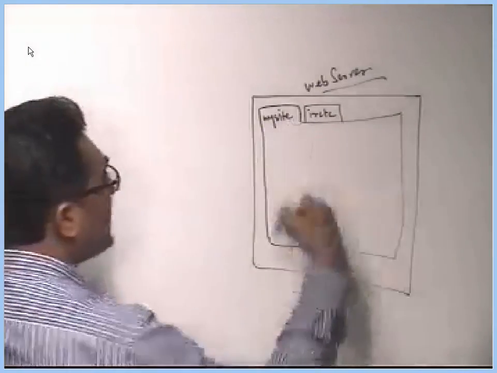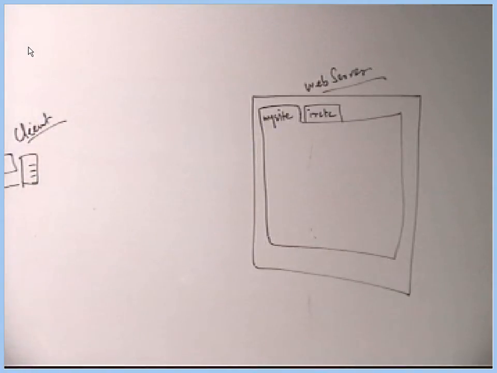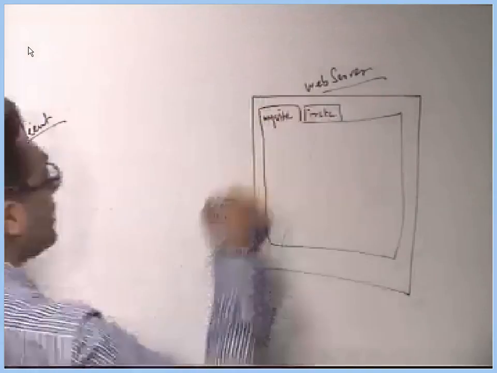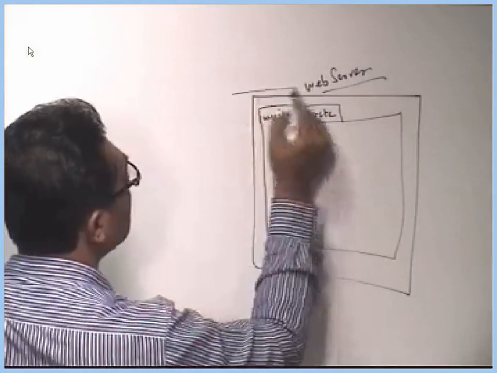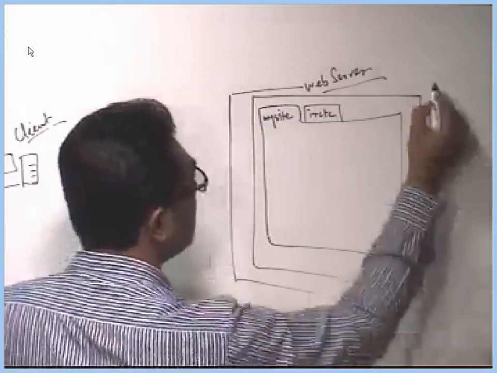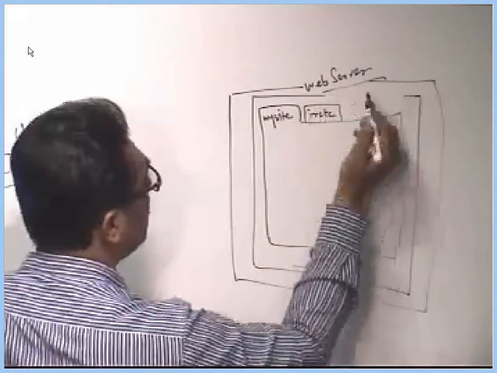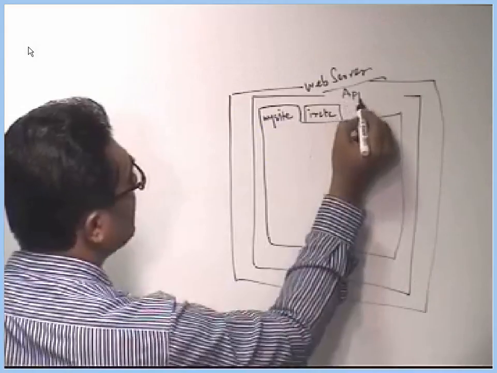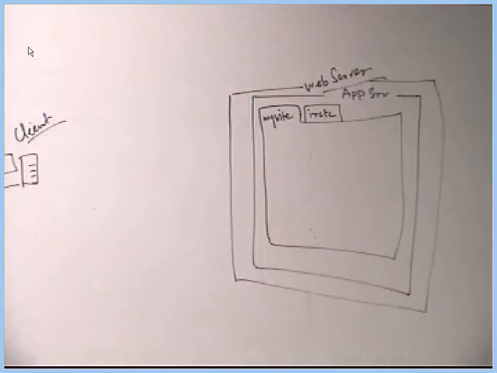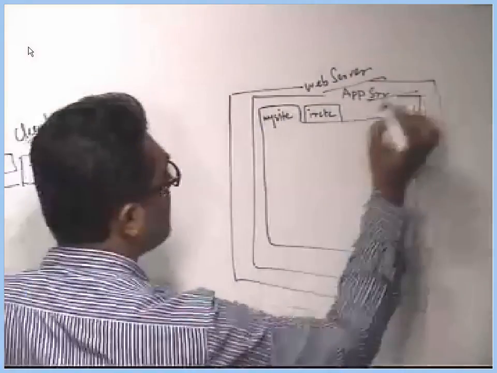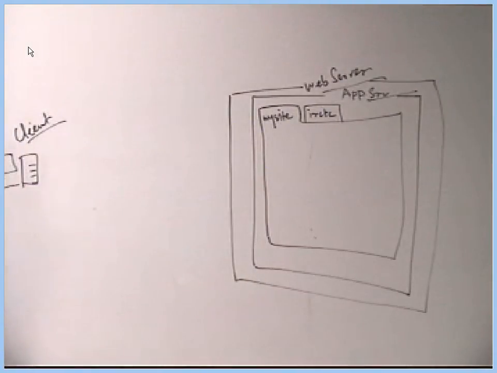Currently we are executing within my site. So this is my web server, the bigger one, and within the web server we have an application server like IIS. Inside the application server we have hosted two sites. It can be multiple sites.